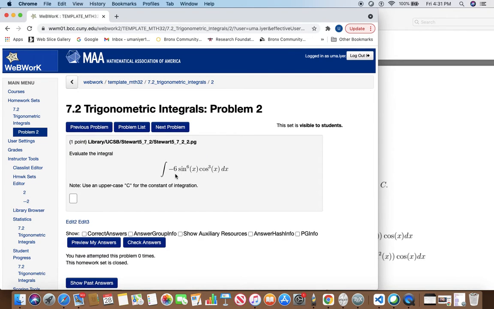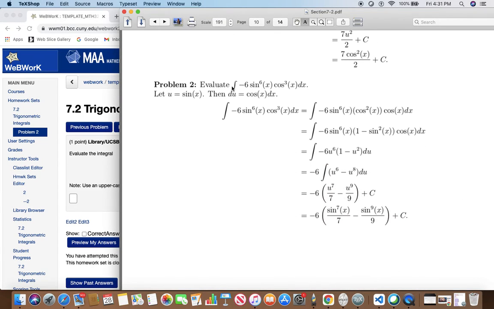The integral of negative 6 sine to the power 6x cosine to the power 3x dx. All right. Negative 6 sine to the power 6 x cosine to the power 3 x. Here, let u equals sine x. Then du equals cosine x dx. So why did we do that?